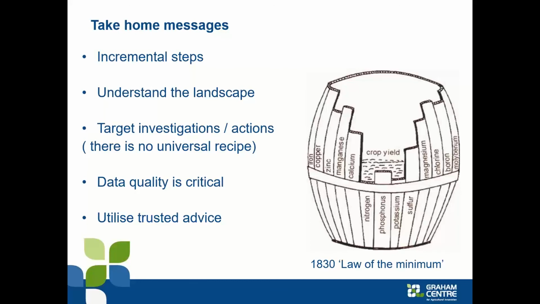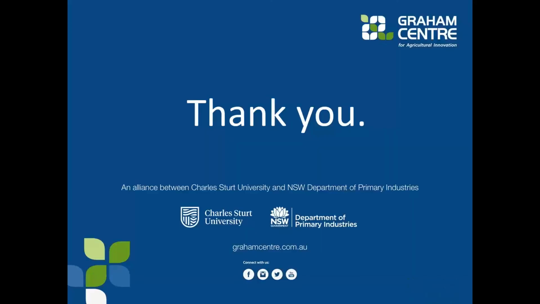And while at the time he was talking mostly about nutrients, we can equally apply that to water holding capacity, compaction, biological activity. We really do need to find what is the most limiting factor, address that, and then start our process as we head down this path of identifying and assessing patterns in paddocks.